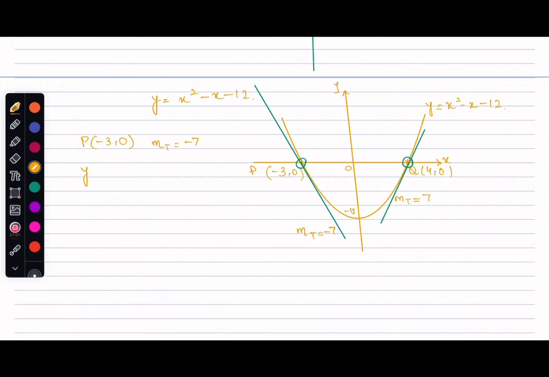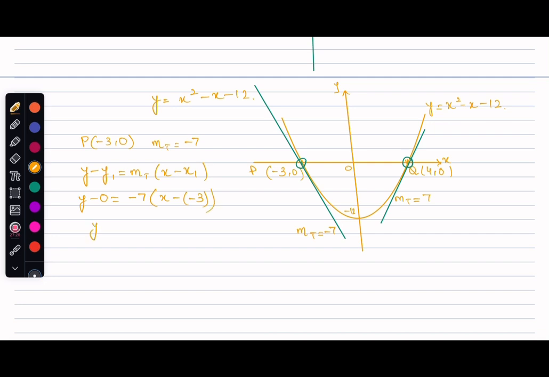I know the tangent equation is y minus y1 equals the gradient times x minus x1. I can substitute x1, y1 as negative 3 and 0. So it's y minus 0 equals negative 7 times x minus minus 3.